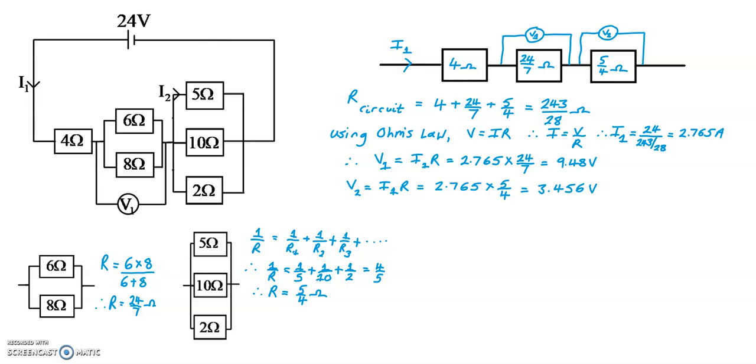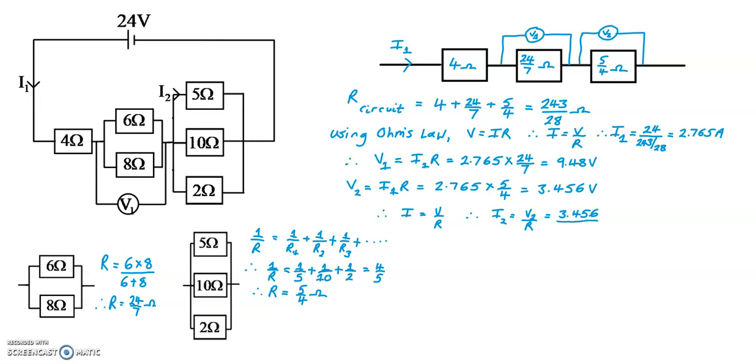Having found V2, it is now possible to find I2. So rearranging Ohm's law as I did earlier, I equals V over R. Therefore I2 equals V2, which I've just worked out, over the resistance concerned.